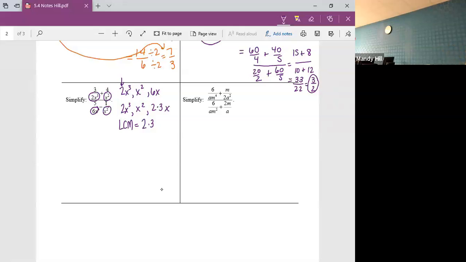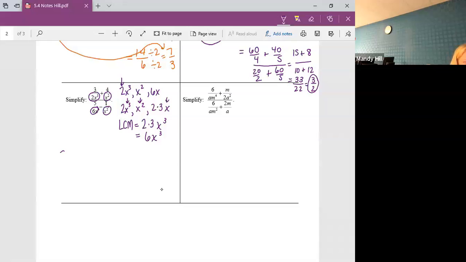Then I'm going to decide, well, which x is the biggest? X to the third, x squared, or just regular x? Well, the biggest one is going to be x to the third. So that means my least common multiple is 6x to the third. That is what I'm going to have to multiply by.